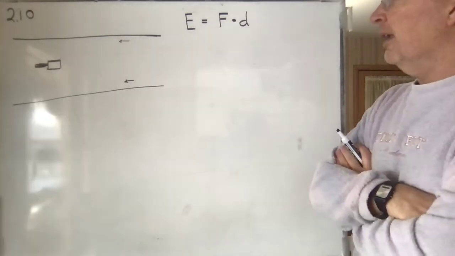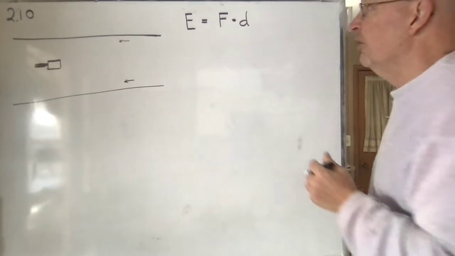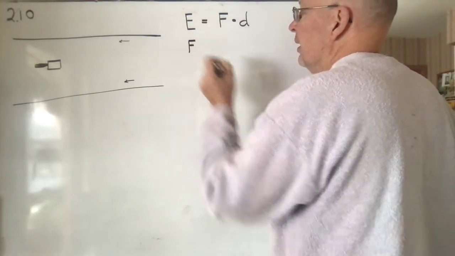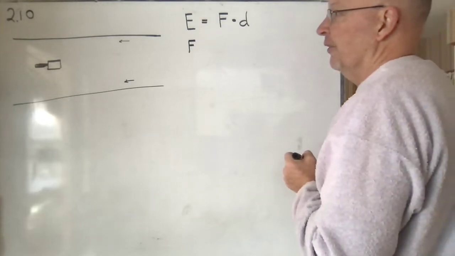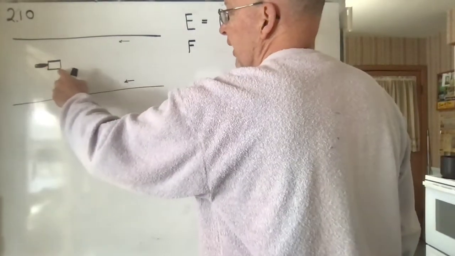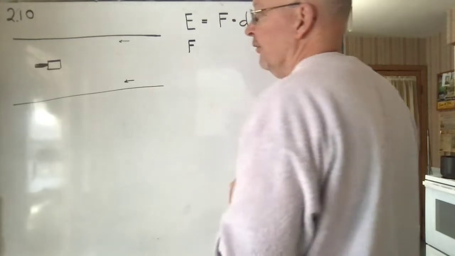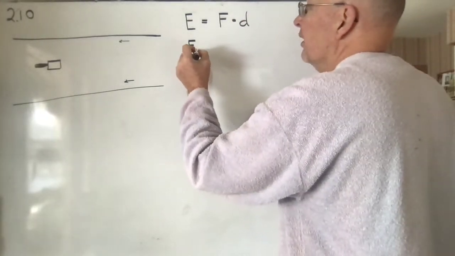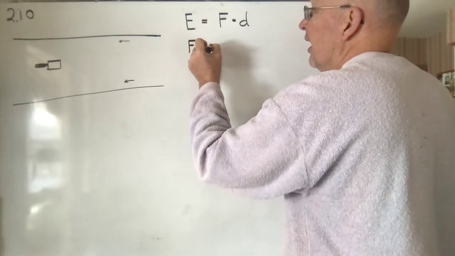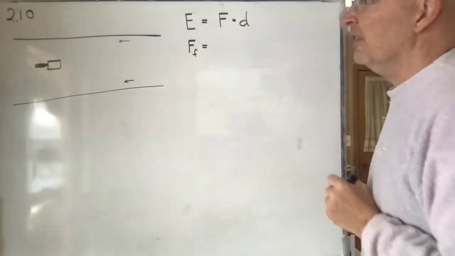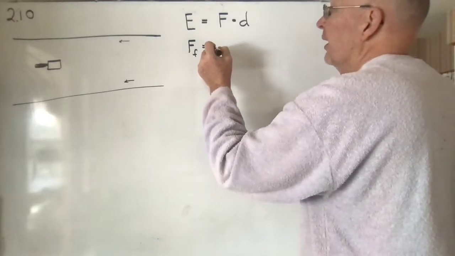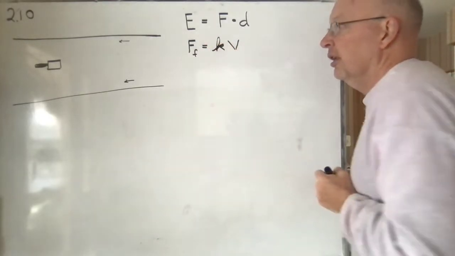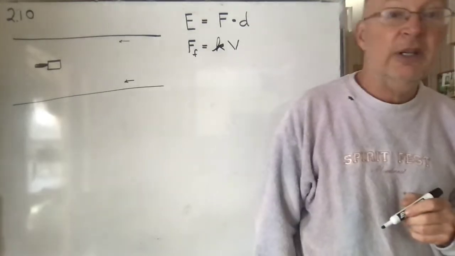So I knew that. And the other thing I knew, the same thing that we did in the previous example, is that the force involved in pushing is just the force to counteract the friction with the water. That's what you're overcoming. So the force you're trying to overcome is the force due to friction. And since this is a fairly slow object being pushed through the water, we can assume that the force due to friction is just going to be proportional to the velocity, to the speed.